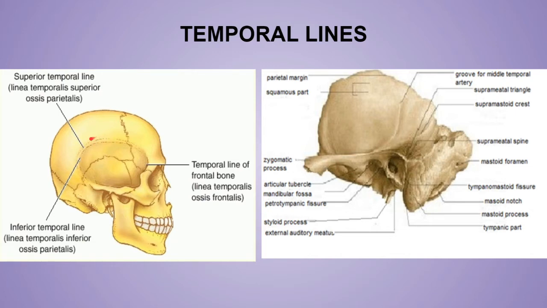The superior temporal line will fade away at the back side, but the inferior temporal line is visible and will go backward, then downward, and then forward, and will cross the supramastoid crest. Okay, cross supramastoid crest, and then actually ends at the posterior root of the zygomatic arch.